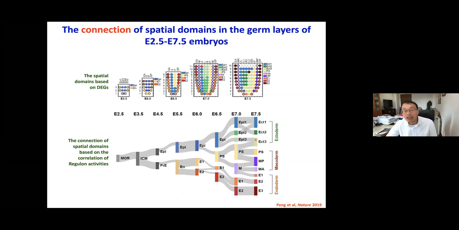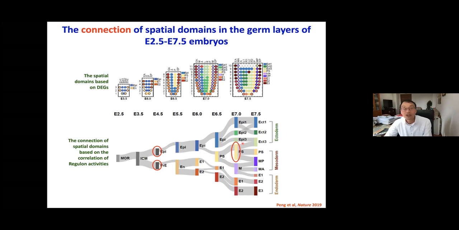You can see they have a common progenitor by day 3.5 from the inner cell mass. But according to the old model, all 3 germ layers come from the early epiblast. From our new model, endoderm separates quite early from mesoderm, from a primitive endoderm. And mesoderm and ectoderm have a common progenitor here.